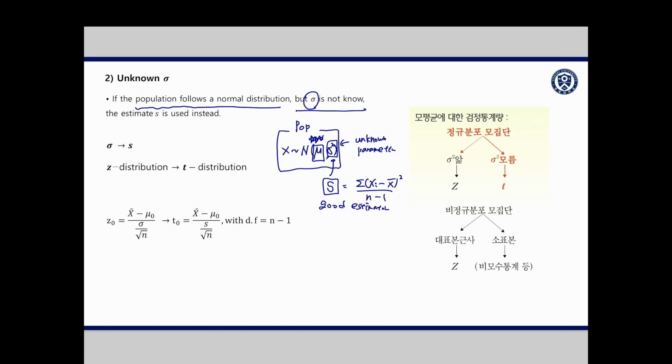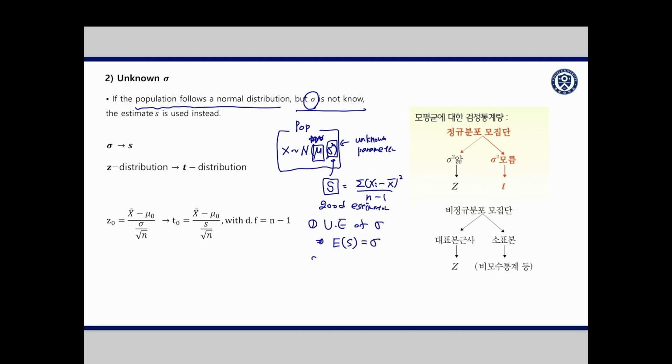The reason is that the sample standard deviation is an unbiased estimator of sigma, that is, the expected value equals sigma.